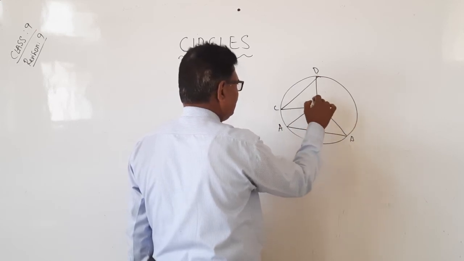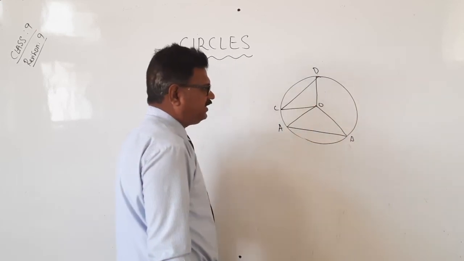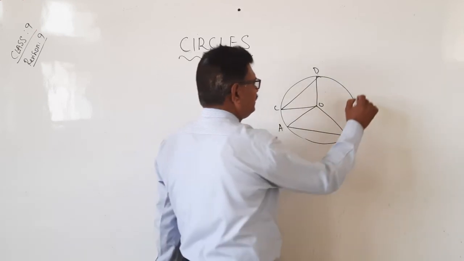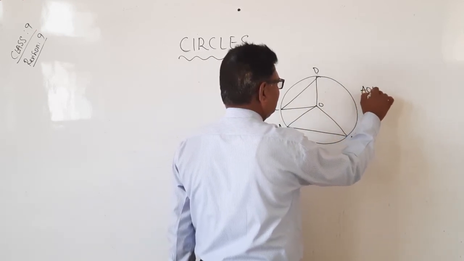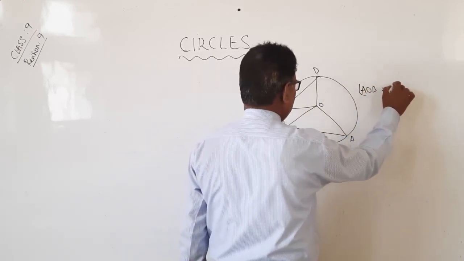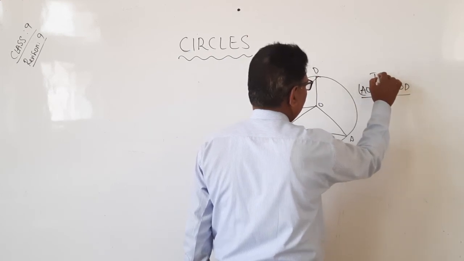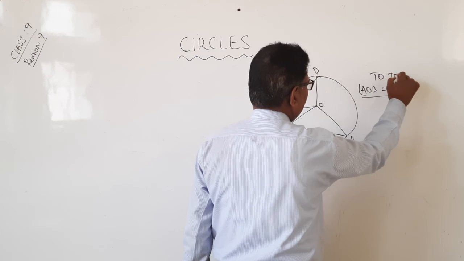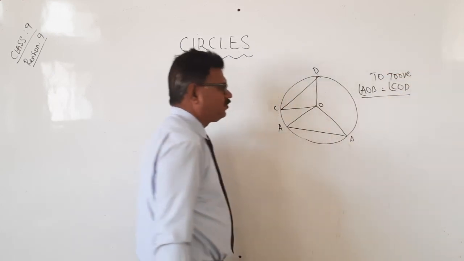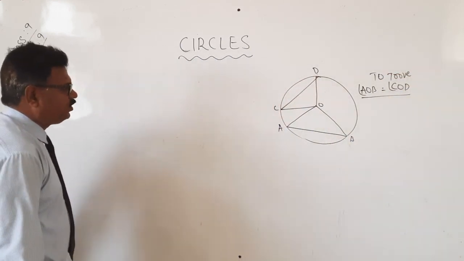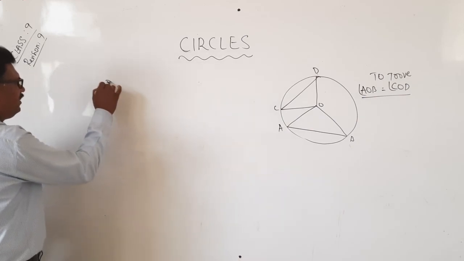For example, AB and CD are two equal chords. We have to prove that if they are like this, then they subtend equal angles, that is, angle AOB is equal to angle COD. We have to prove that. To prove. So what is the data here?